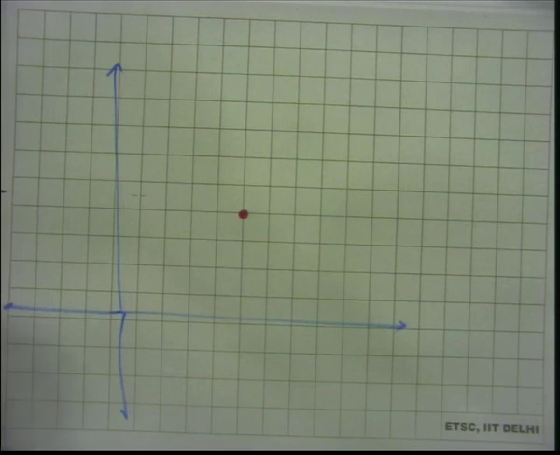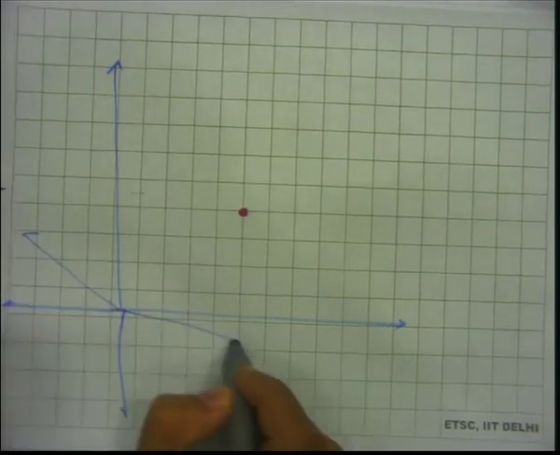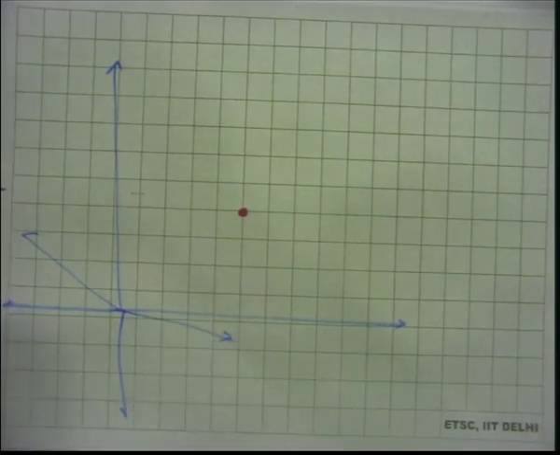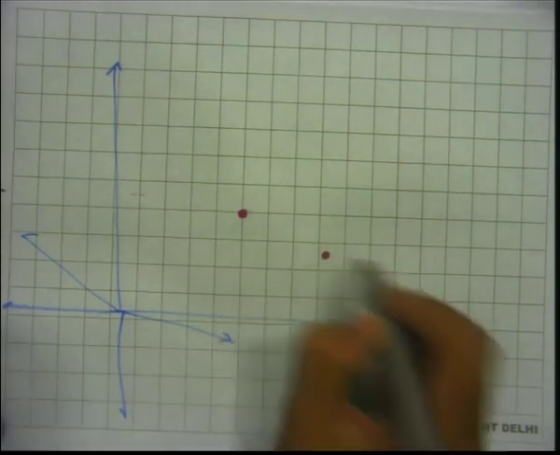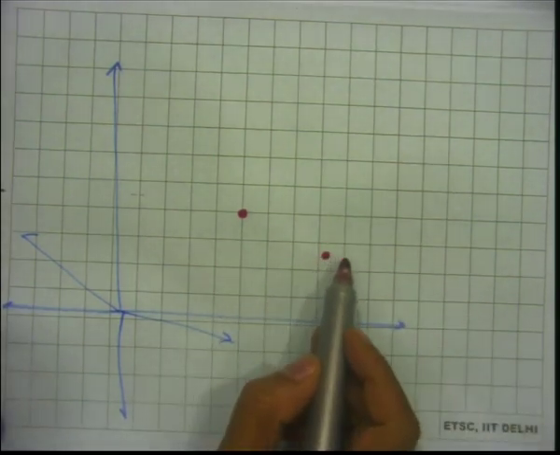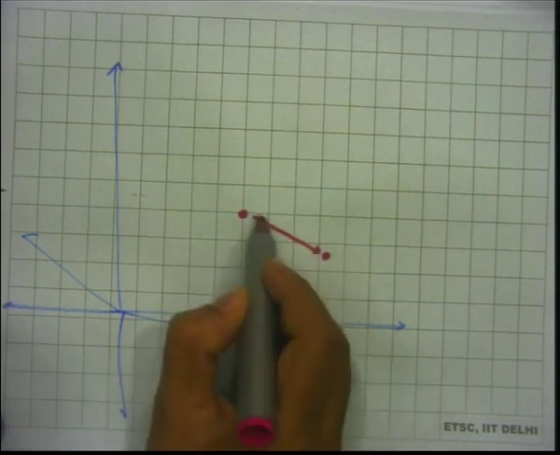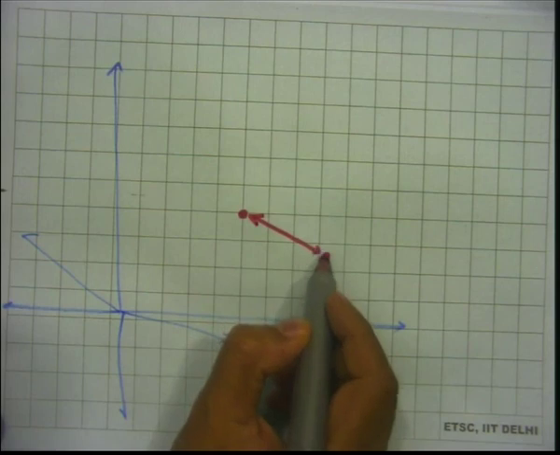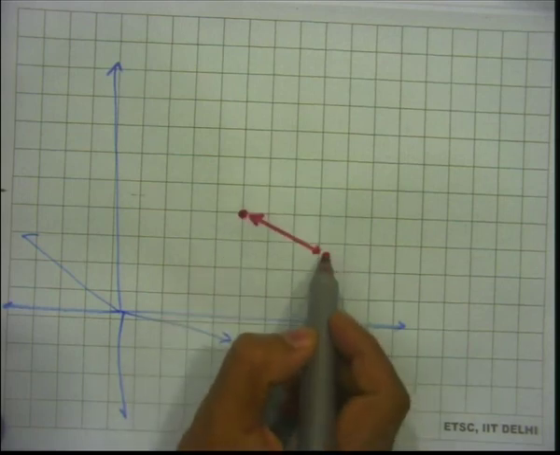Now, you can have another point which is another n tuple, and the Hamming distance between them is the number of places one of the code words differs from the other code word.